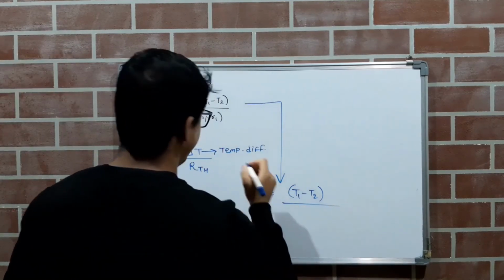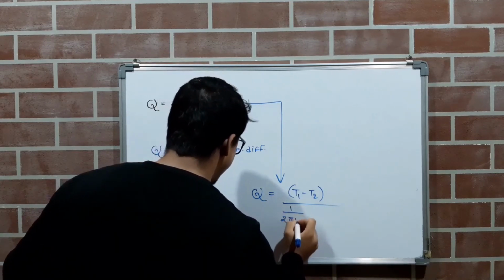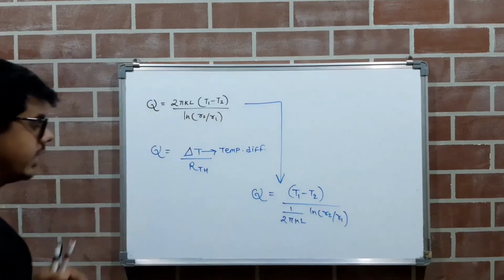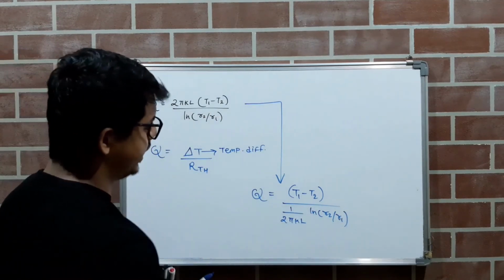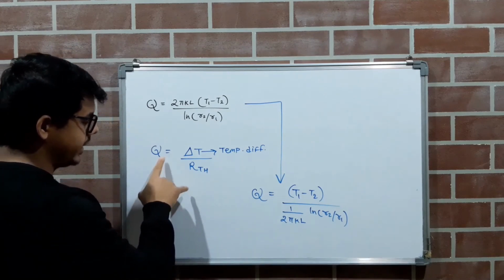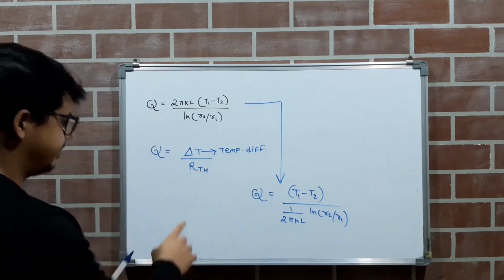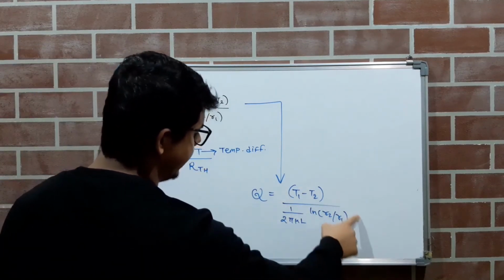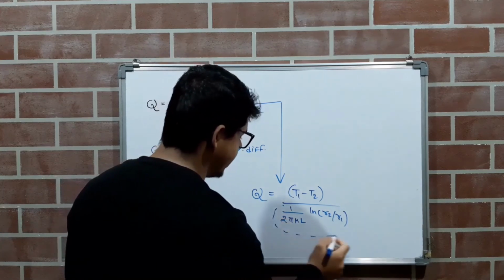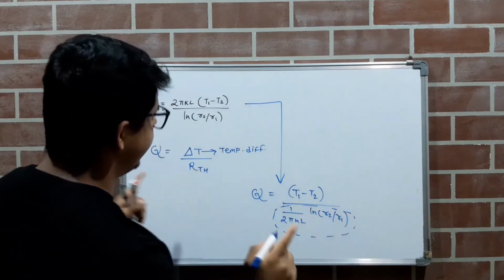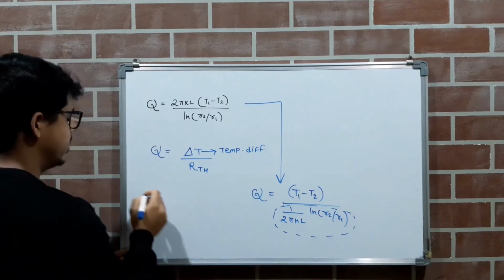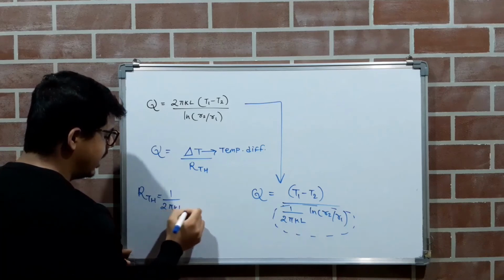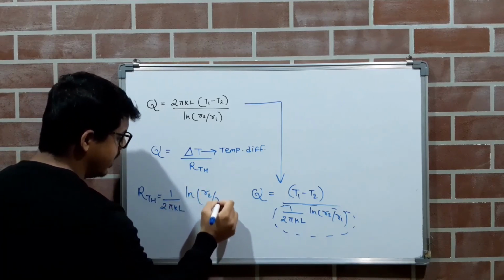So it is 1 upon 2 pi KL into ln of R2 by R1. Now you can think yourself what the formula of RTH is. It is very easy. If you compare these 2 equations, you will get delta T, RTH. The denominator part of this equation is our RTH formula of hollow cylinder. So RTH is equal to 1 upon 2 pi KL into ln of R2 upon R1.